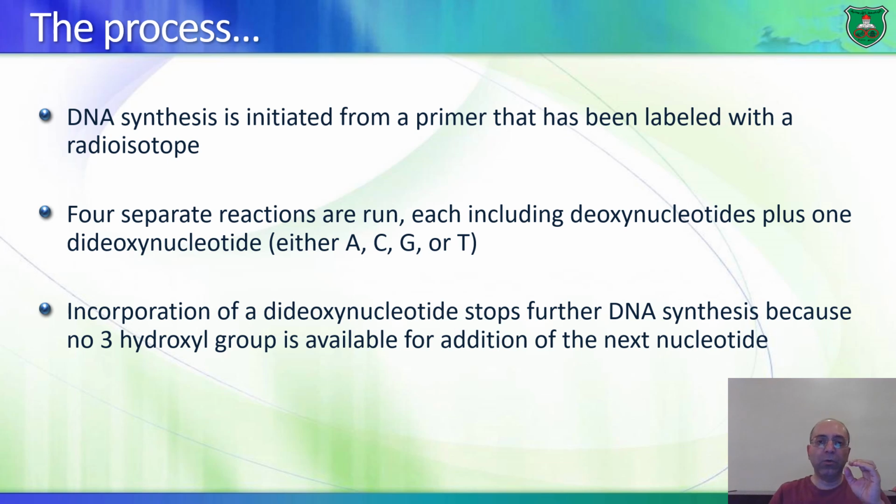The idea here is that DNA polymerase will start synthesizing DNA, and if it adds a deoxyribonucleotide, it can continue. But if it adds a dideoxyribonucleotide, synthesis is terminated. It stops because no other nucleotide can be added to the deoxy 3' end of the DNA.